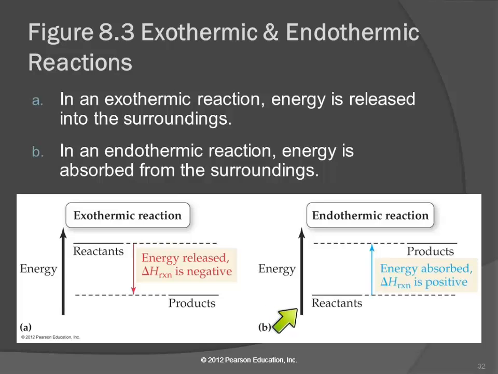In an endothermic reaction, the reactants start with low energy, and the products end up with higher energy, because they've absorbed energy from the surroundings. They started with not much money, and they received a bunch of money, and now they're wealthy. They've got higher energy.